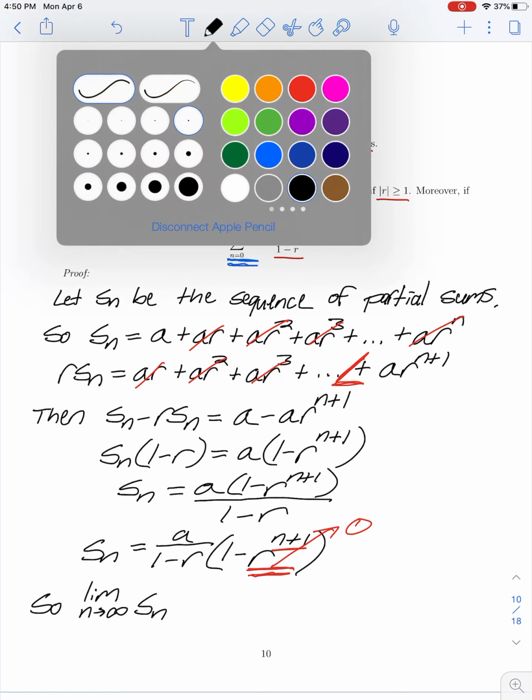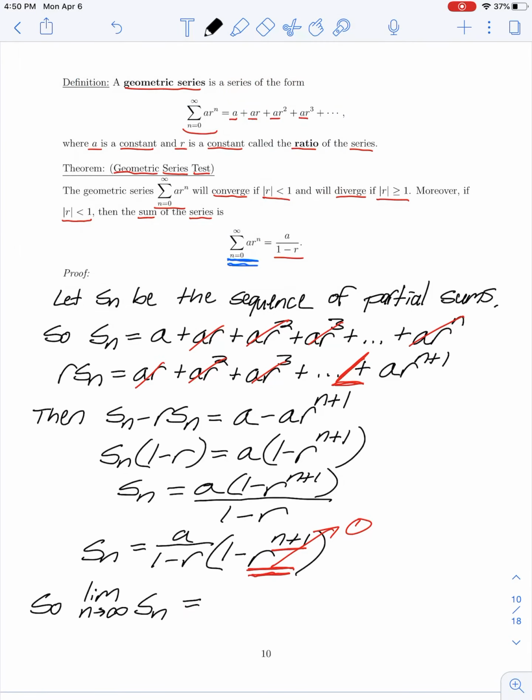So, as n gets large, the limiting value for our nth partial sum will be a over 1 minus r, provided that the absolute value of that ratio is less than 1. We need that condition on our ratio to ensure that this r to the n plus 1 power approaches 0.